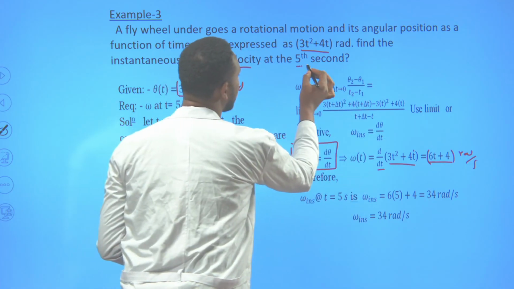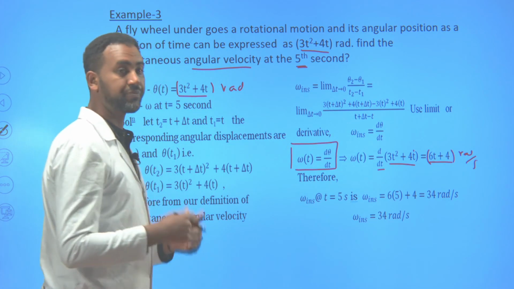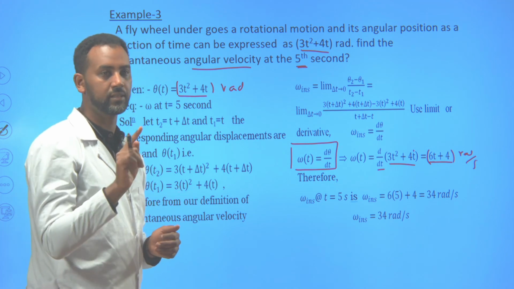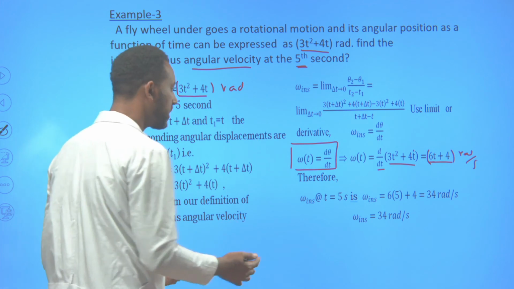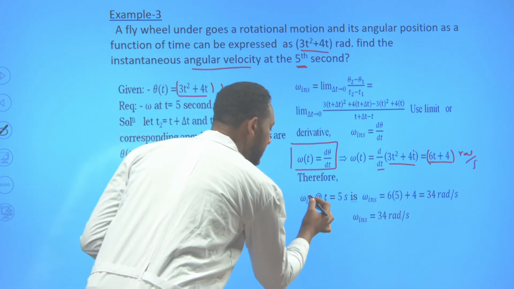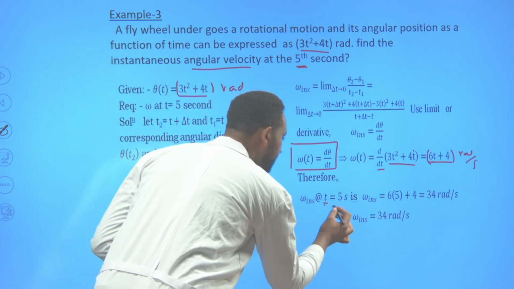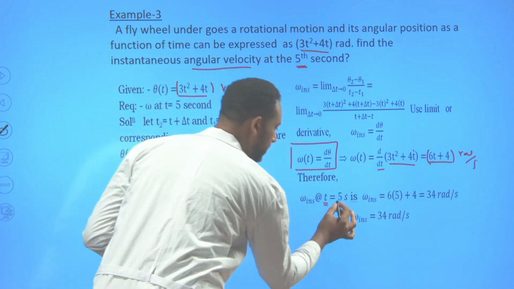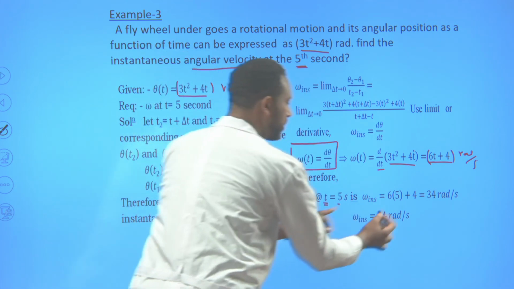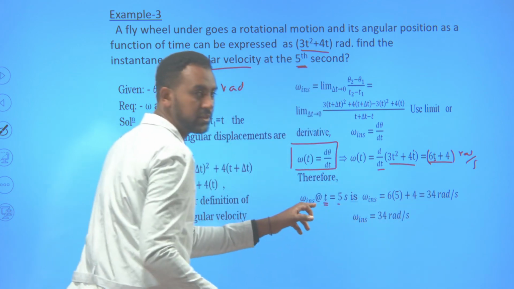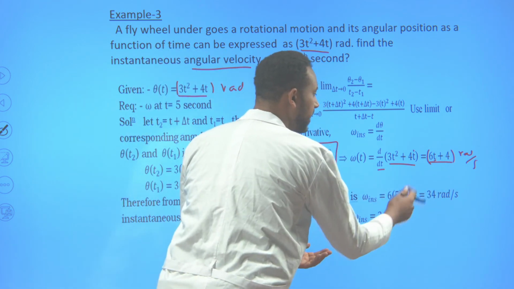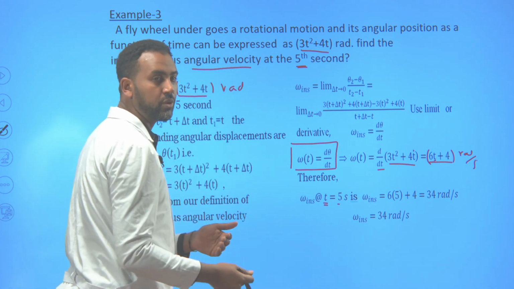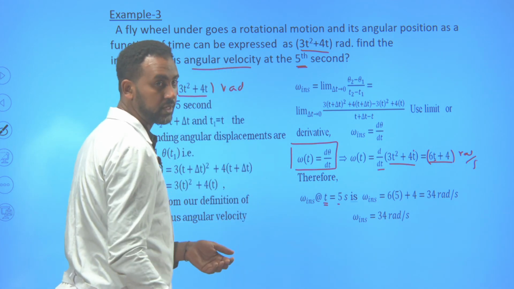But here we are asked to find the angular velocity at exactly 5 seconds. This is how we determine instantaneous velocity and instantaneous acceleration. To find this, the instantaneous velocity at time t equals 5 seconds, we have to put 5 in place of time t. Sometimes there might be equations with no time t. In that case, whether the time changes or not, the velocity remains constant.